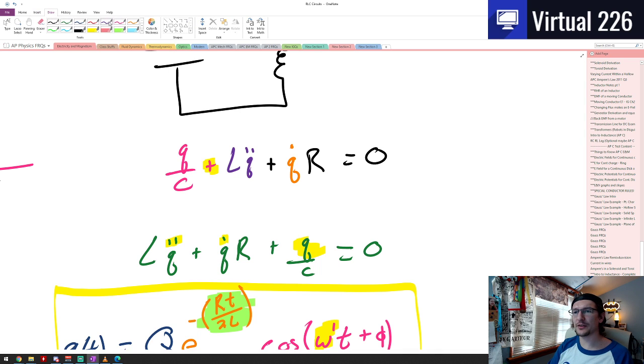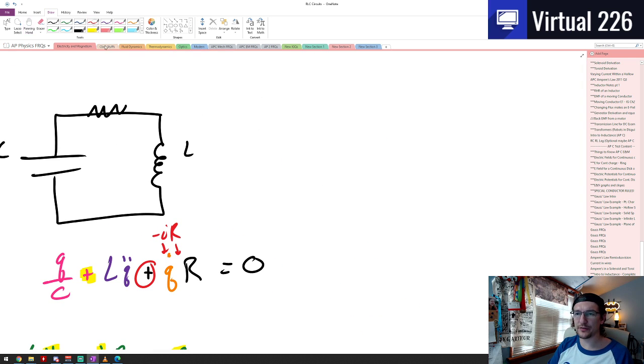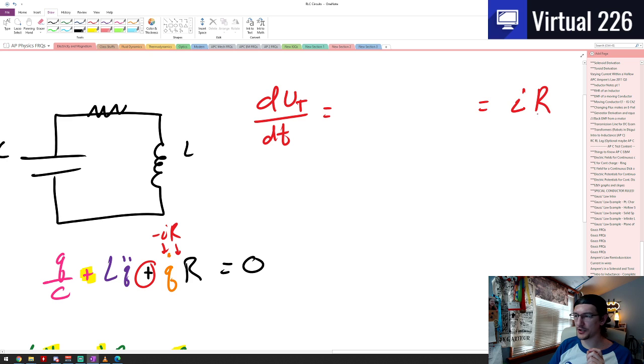Every once in a while, people ask, hey, Coach Botzer, how did you get a positive here? Because I thought for a Kirchhoff loop, we normally had minus IR for that, because that's I and that's R. The reason being is if you think about Kirchhoff loops as a function of energy, because you have some thermal energy lost, the change in thermal energy as a function of time is going to be equal to this IR term here, and it's technically a negative term here.